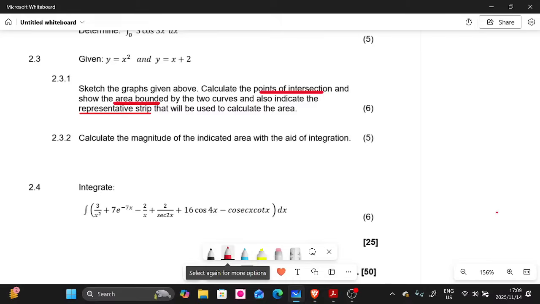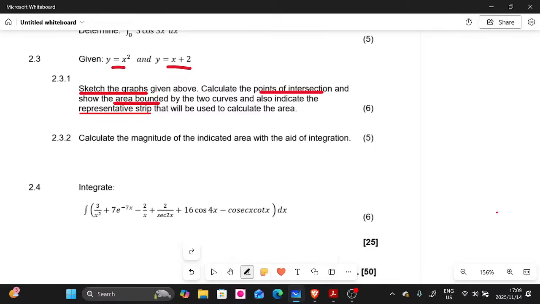First, you draw a graph. I forgot to highlight sketching. So you draw the graphs that are given to you, these two, one, two there, and then you calculate their intersect, this part here, right? And then you show the area bounded by the two curves.